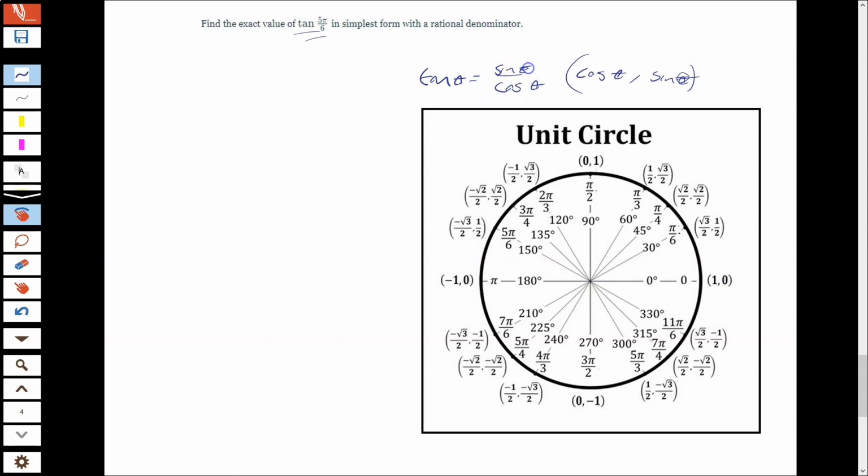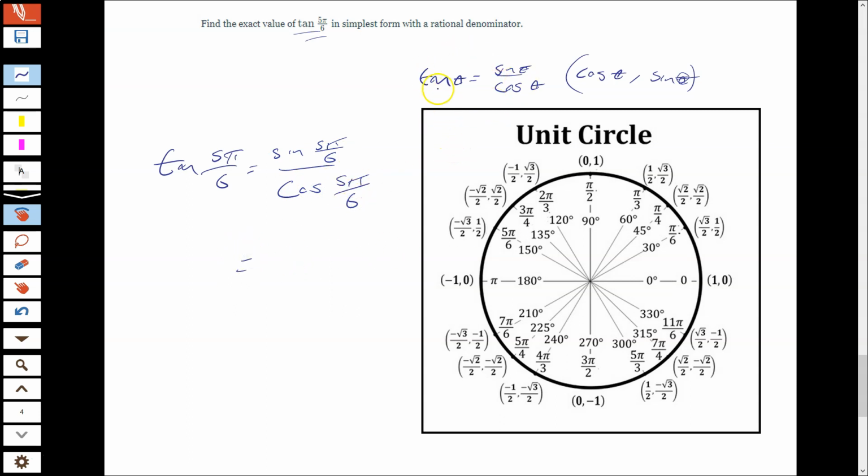Okay, and that's true always, but it's particularly useful here because I can use this same reference now to figure out what tangent of 5 pi over 6 is. So tangent of 5 pi over 6 is going to be sine of 5 pi over 6 over cosine of 5 pi over 6.